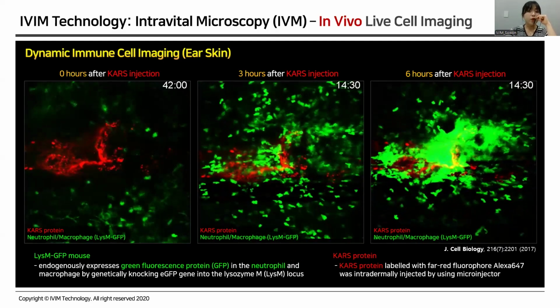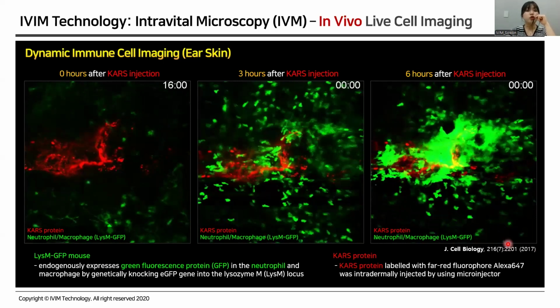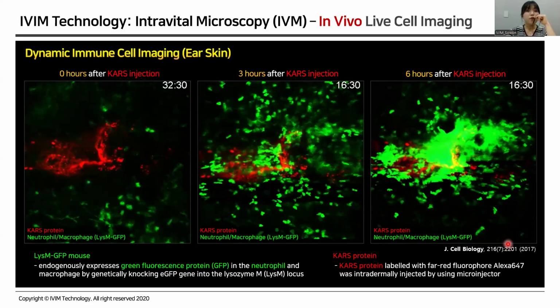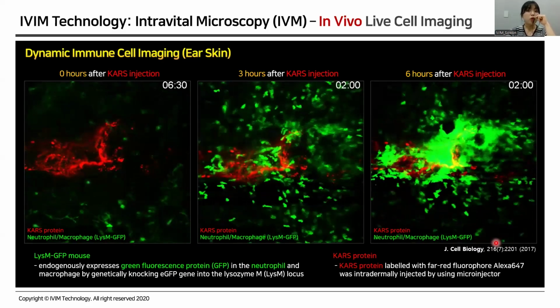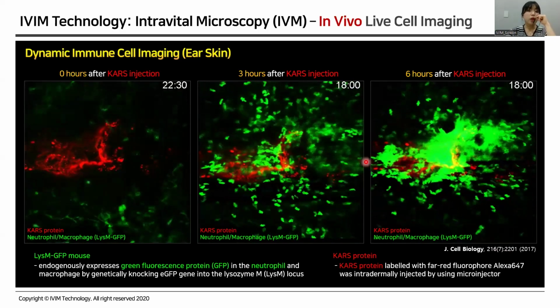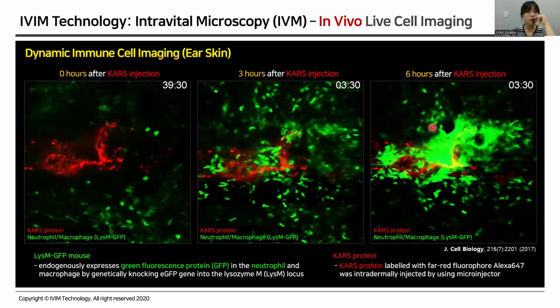We then performed imaging and analysis over time to observe inflammation induced by the drug injection, focusing on neutrophil dynamics. Imaging was conducted immediately after injection, as well as 3 hours and 6 hours post-injection.